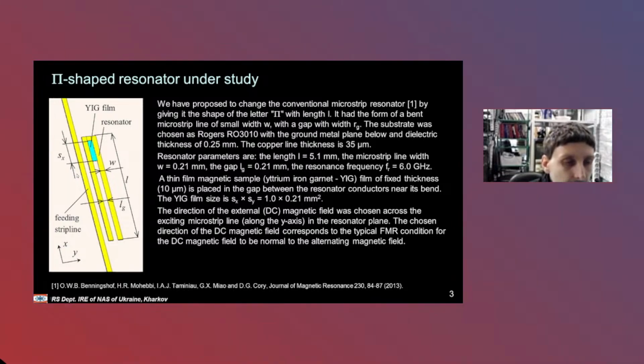The direction of the external DC magnetic field was chosen across the microstrip line, along the y-axis. This direction corresponds to typical conditions of ferromagnetic resonance, where the DC magnetic field and the alternating magnetic field are normal to each other.